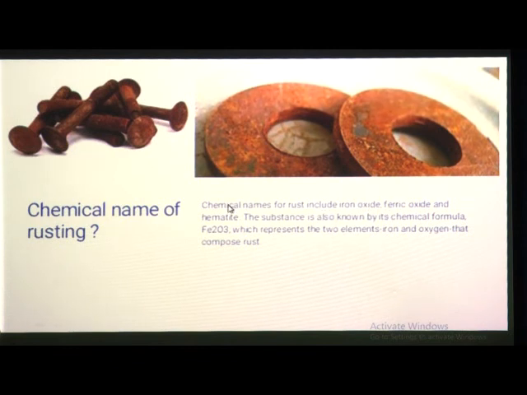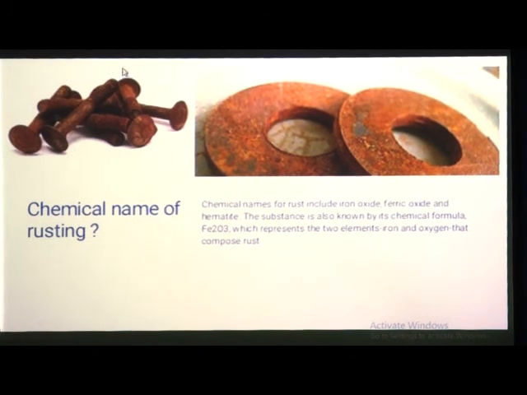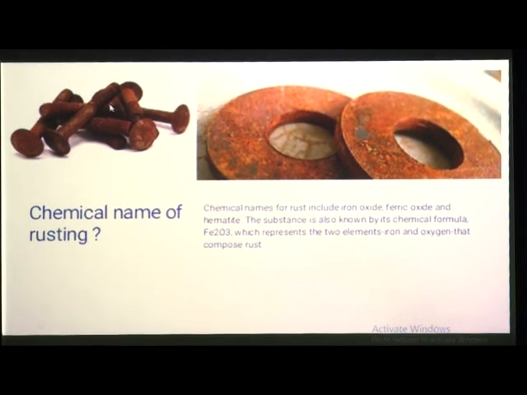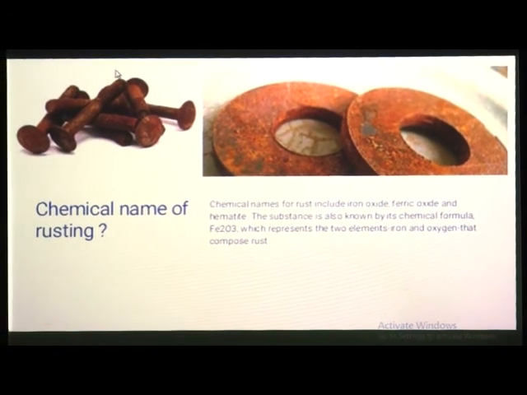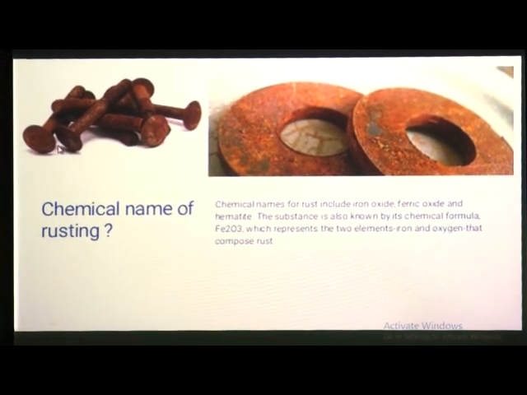We know that nails are made up of iron. The formula of iron is a capital F and small e; you can see it in your textbook after this session. Capital Fe is the molecular formula of iron substances or iron objects.